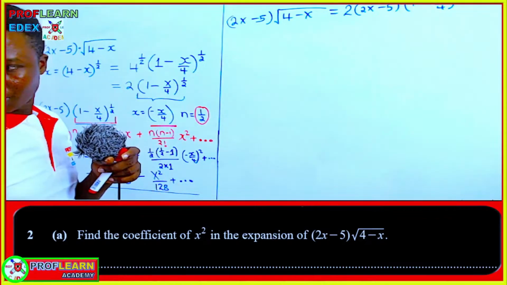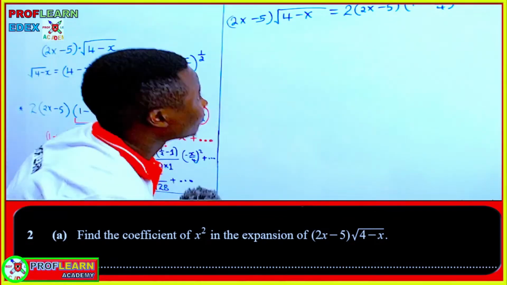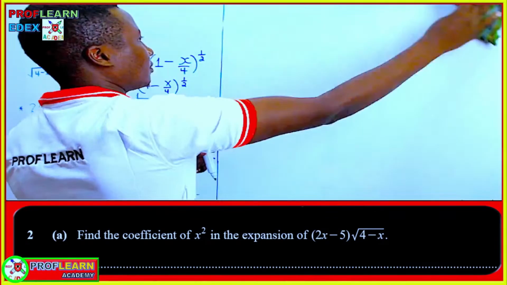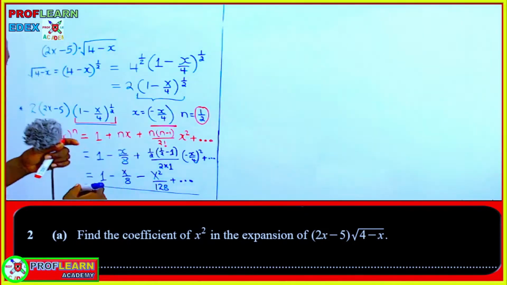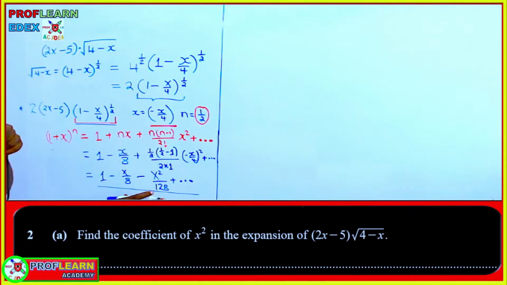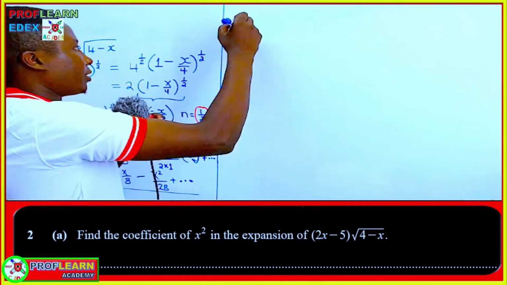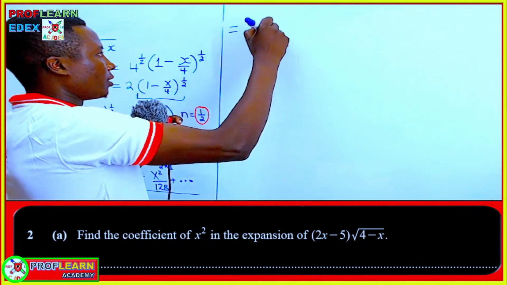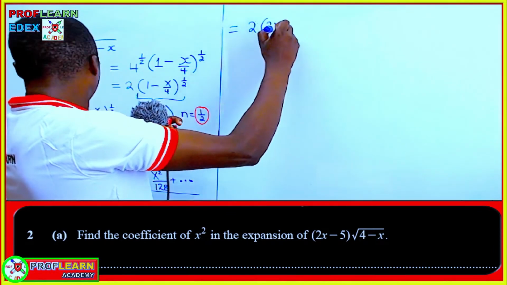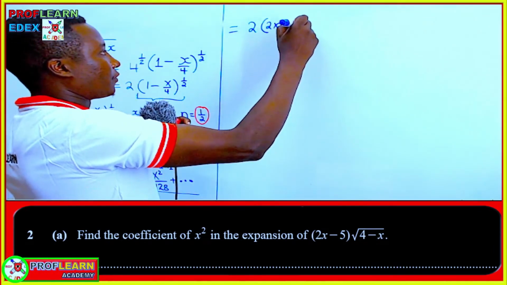So already we have, now, because we know that this expansion here represents this part, we can now say this is equal to 2 into 2x minus 5.